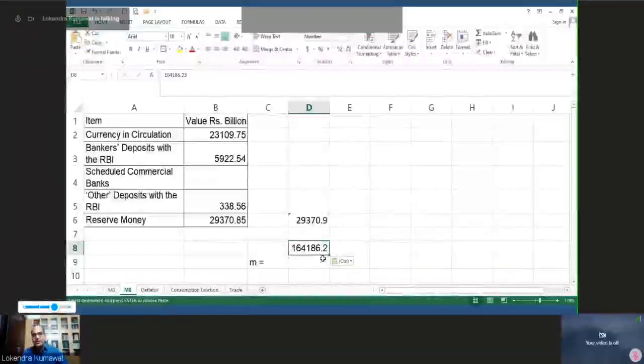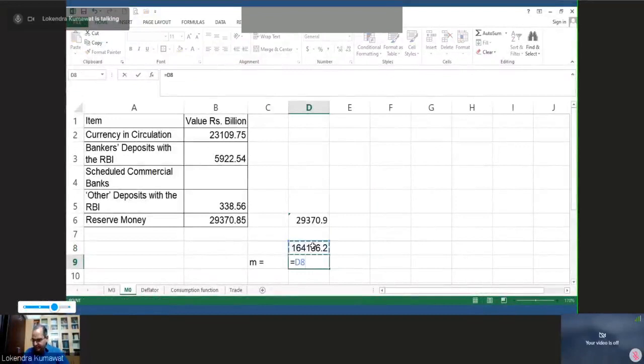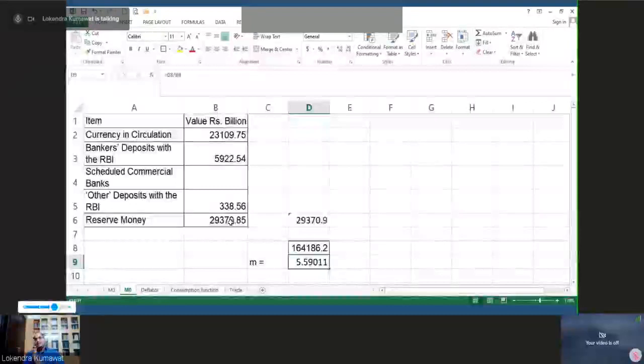This is M3. So M will be equal to M3 divided by this. That means the value of money multiplier for India is close to 5.6. Every 1 rupee that reserve money uses will give rise to roughly 5 rupees 60 paise in terms of money supply. That is what it means. I hope this is clear.